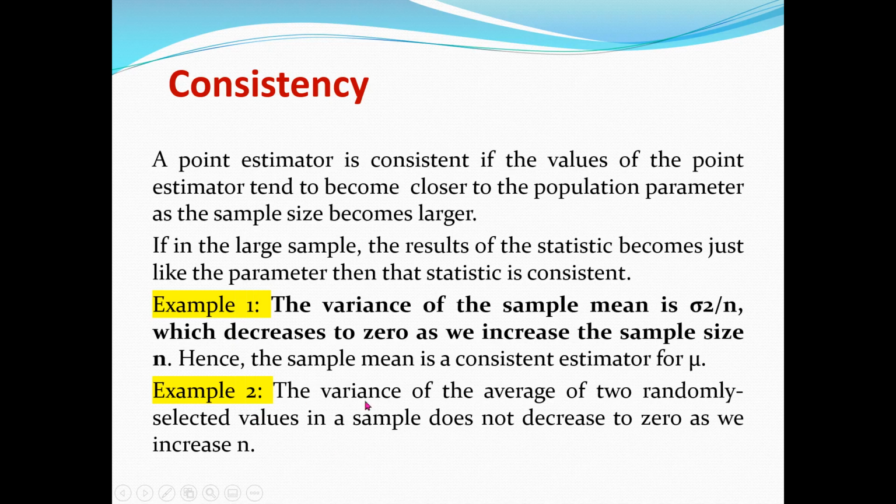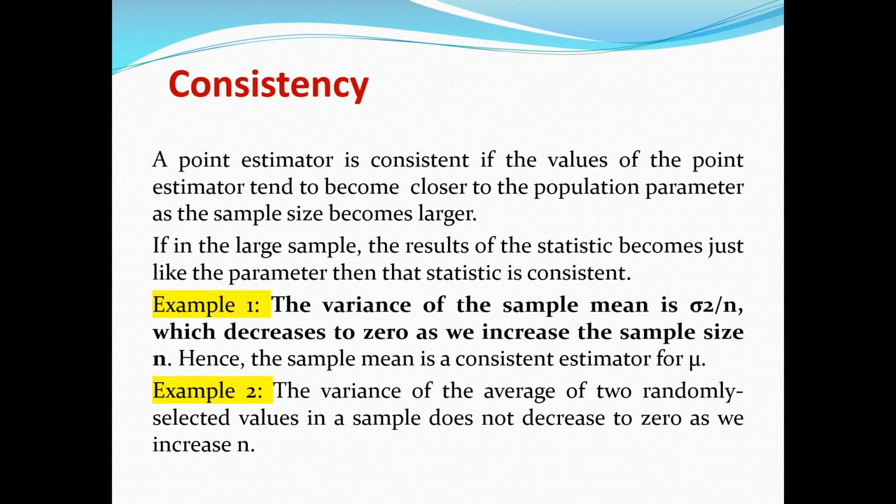Now another example: let's say you want to compute the variance of the average of two randomly selected values in a sample. Suppose you have a population of 50 students in a class, and you draw 2 students, then repeat that process, selecting another 2 students, and another 2.